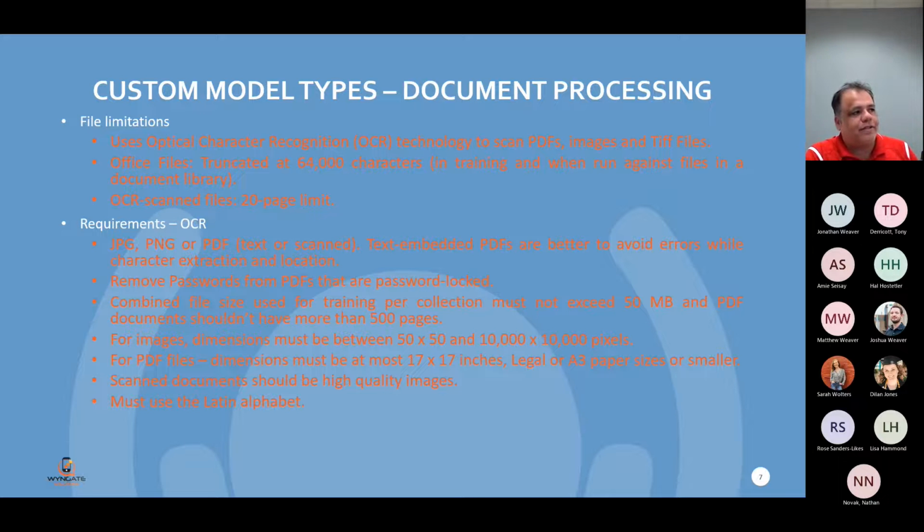It's basically Office files. It's truncated at 64,000 characters. While we are doing the training, it does have a 20-page limit. And I'll talk about another project I have where they were looking to extract information.